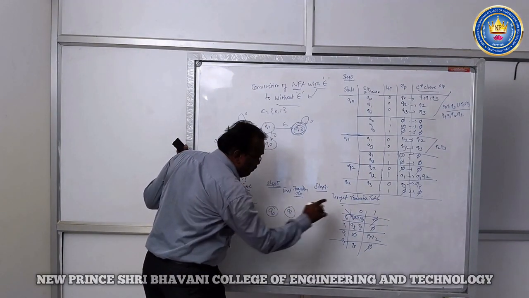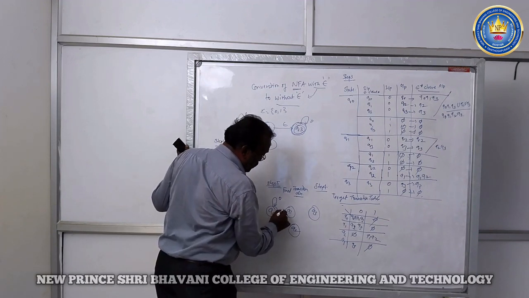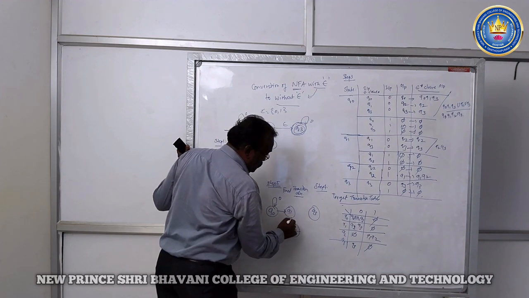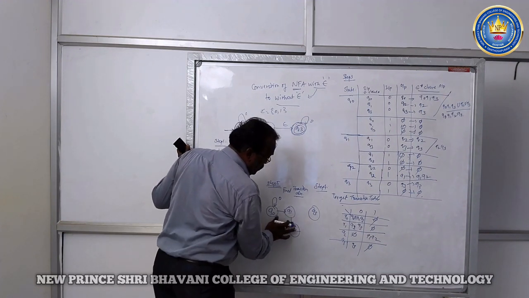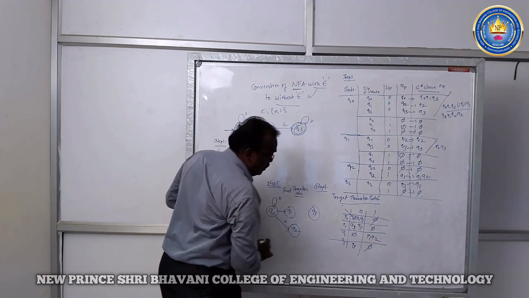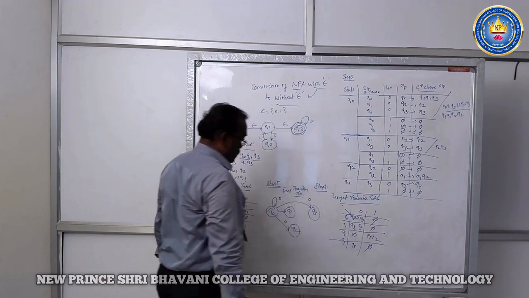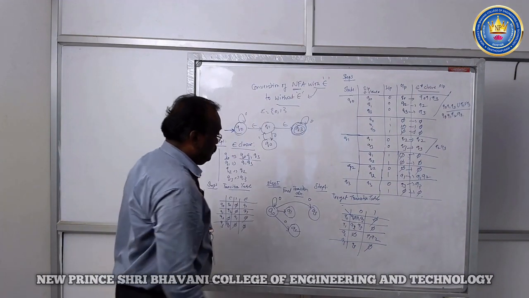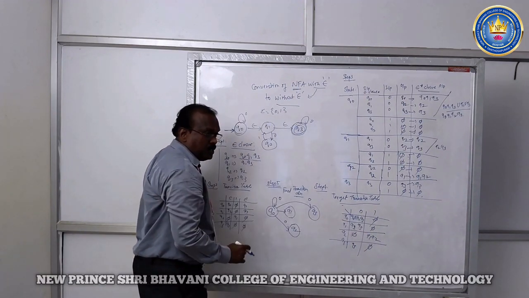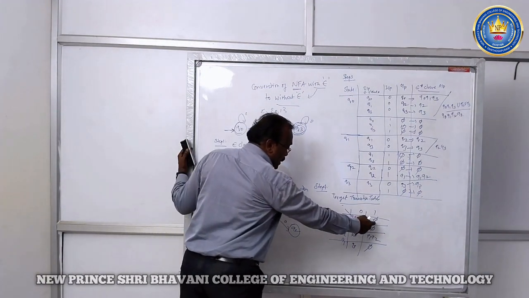Q0 goes to itself, so a self transition on Q0 is there, and also to Q1, Q2, Q3. And next, for Q0 on 1, there is no path for input symbol 1. So that symbol shows a null path.